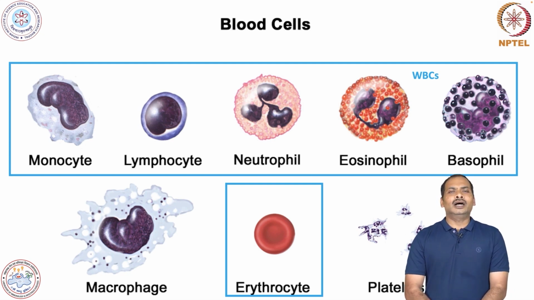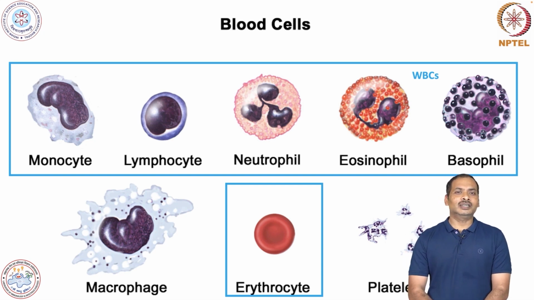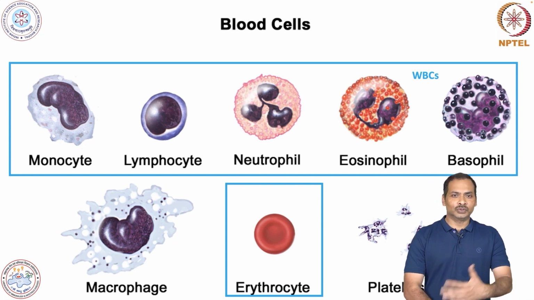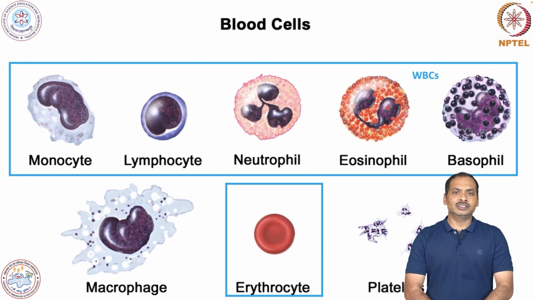Okay. I was quite curious why it is like that. Of course I did not perform any kind of research or experiment on why it is biconcave, but I looked at a huge amount of literature before coming to take this session, and I found that this biconcave structure has a few very important properties. One is that it provides much more stability.